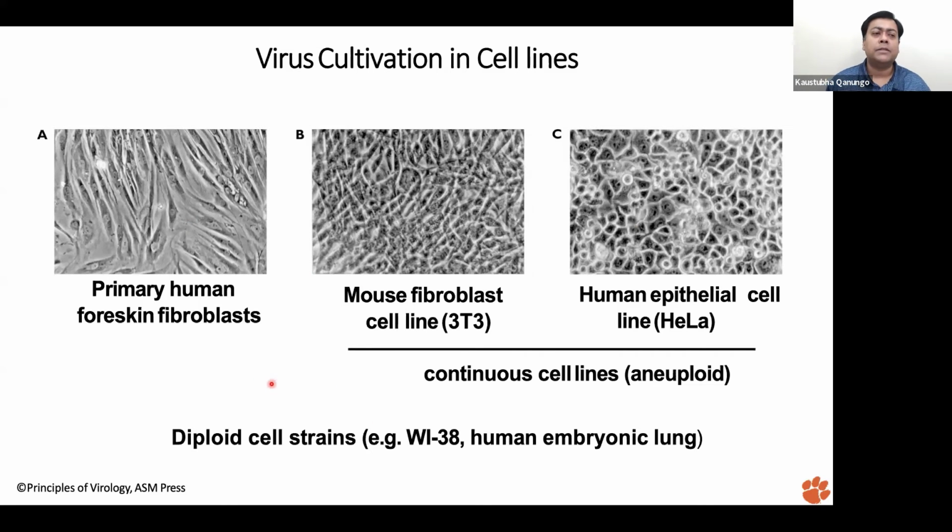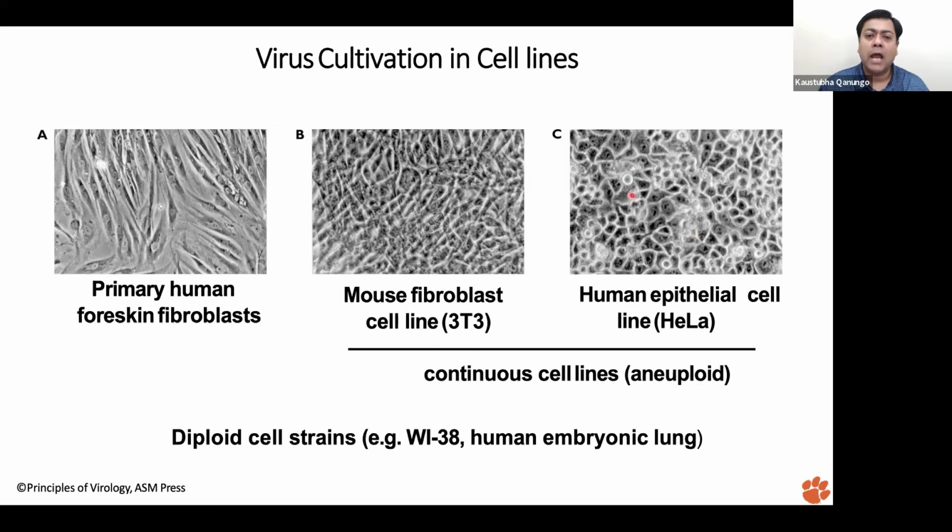Now, just another thing, sometimes the scientists need viruses in a very large amount. For example, when structural biologists need the viruses, particularly for their X-ray crystallography studies and those kinds of things, they need milligrams of these proteins and viruses.